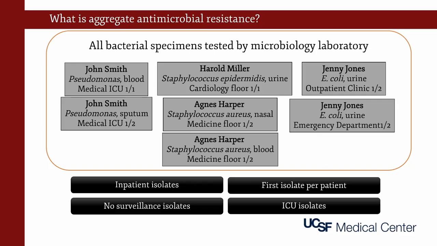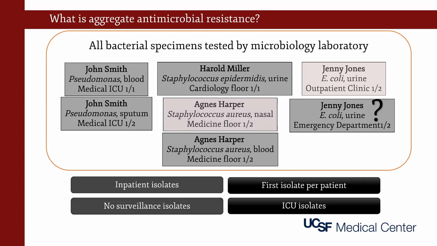Common examples include inclusion of only isolates submitted from inpatient locations, which can leave the emergency department as a gray area for decision in terms of whether or not they should be included in an inpatient antibiogram. The exclusion of isolates taken for surveillance purposes only, for example, nasal swabs for MRSA colonization.